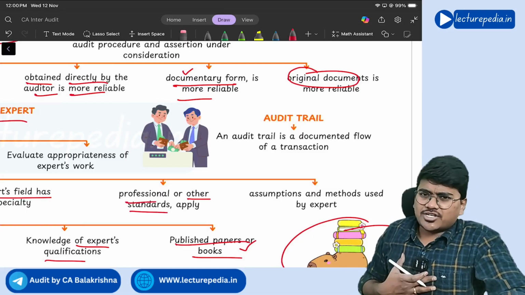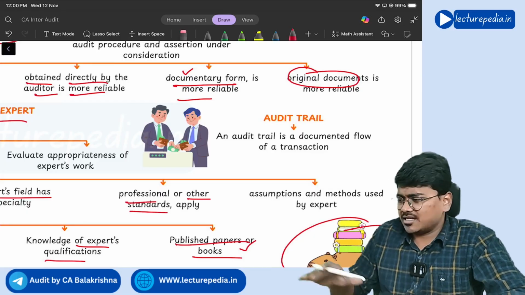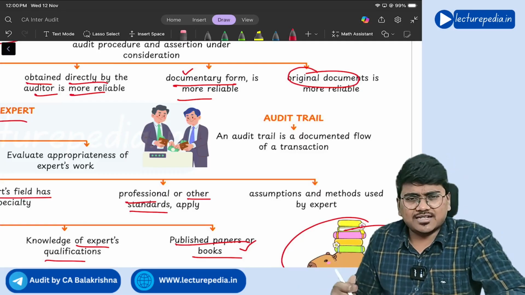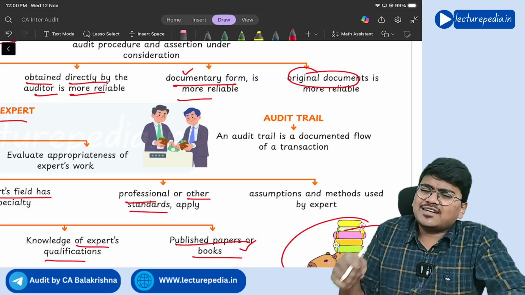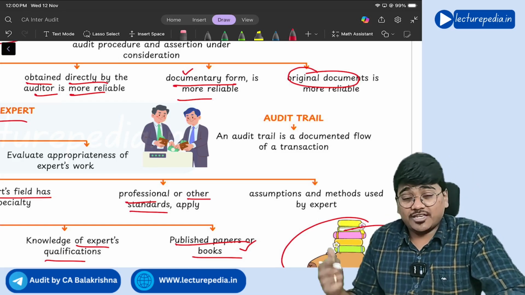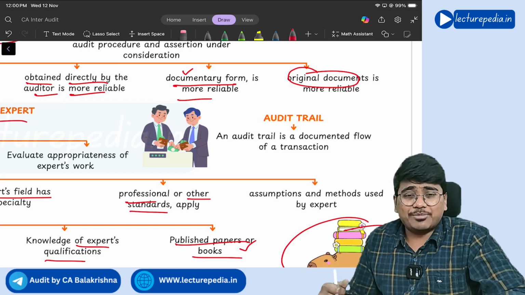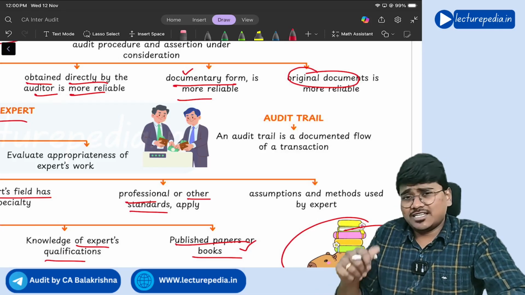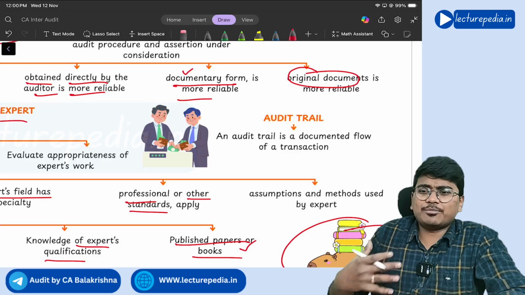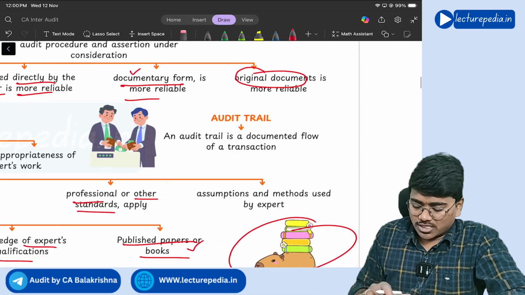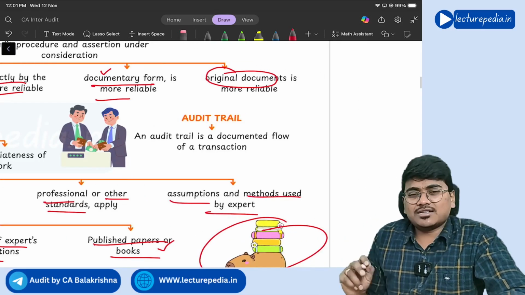Next, whether professional or other standards apply. Just like for chartered accountants we have auditing standards and accounting standards, for the work of the expert, are there any standards that are applicable? If there are some standards applicable to the expert, did he follow those standards? If he follows those standards, of course the auditor can place more reliance on his work, right? Next, assumptions and methods used by the expert.